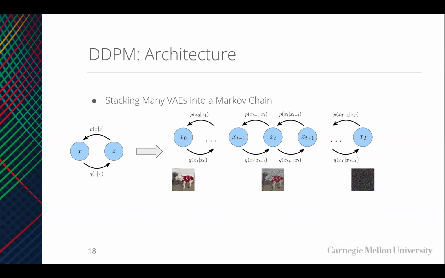DPM is like an extension of VAEs. You stack a lot of VAEs together, so you have a lot of those posteriors and a lot of conditional distributions. And in practice, the authors decided to make the forward process add Gaussian noise, and the backward process approximate the reverse process of adding noise.